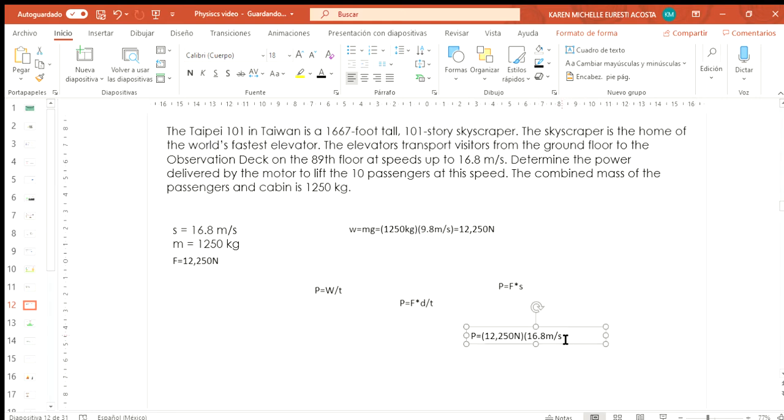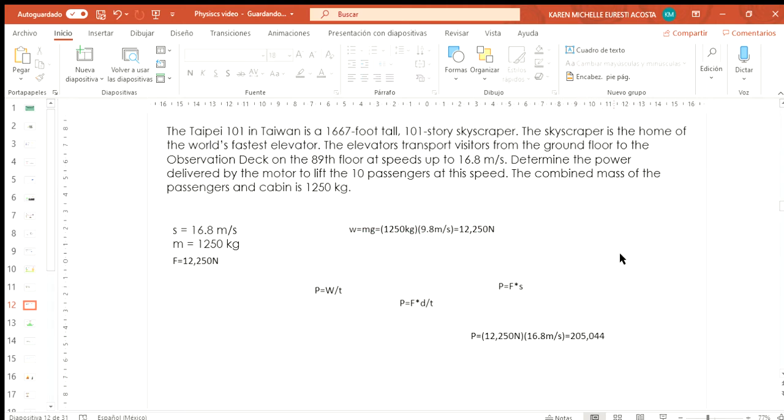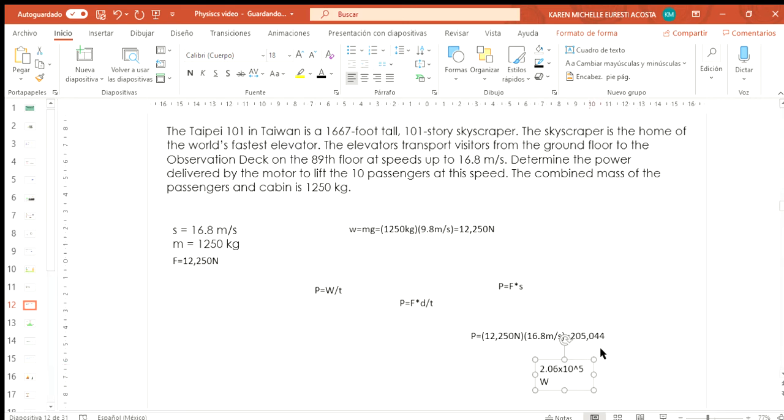And that gives us the result, that is 205,044, that can be converted with the exponent, that is 2.06 times 10 to the 5 watts. And that will be our final answer.